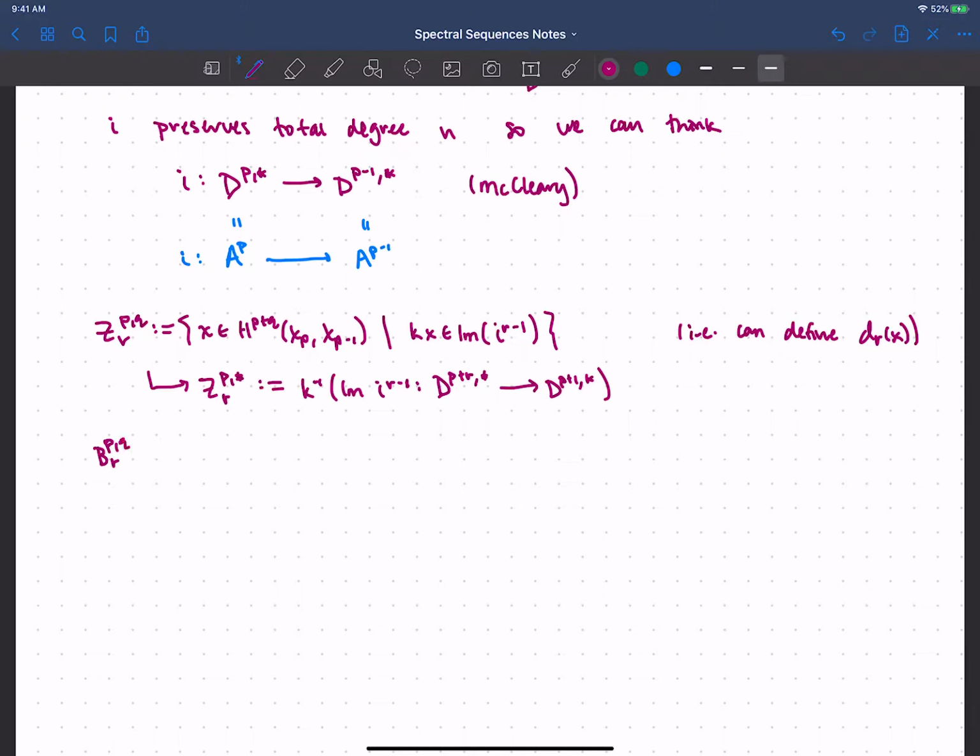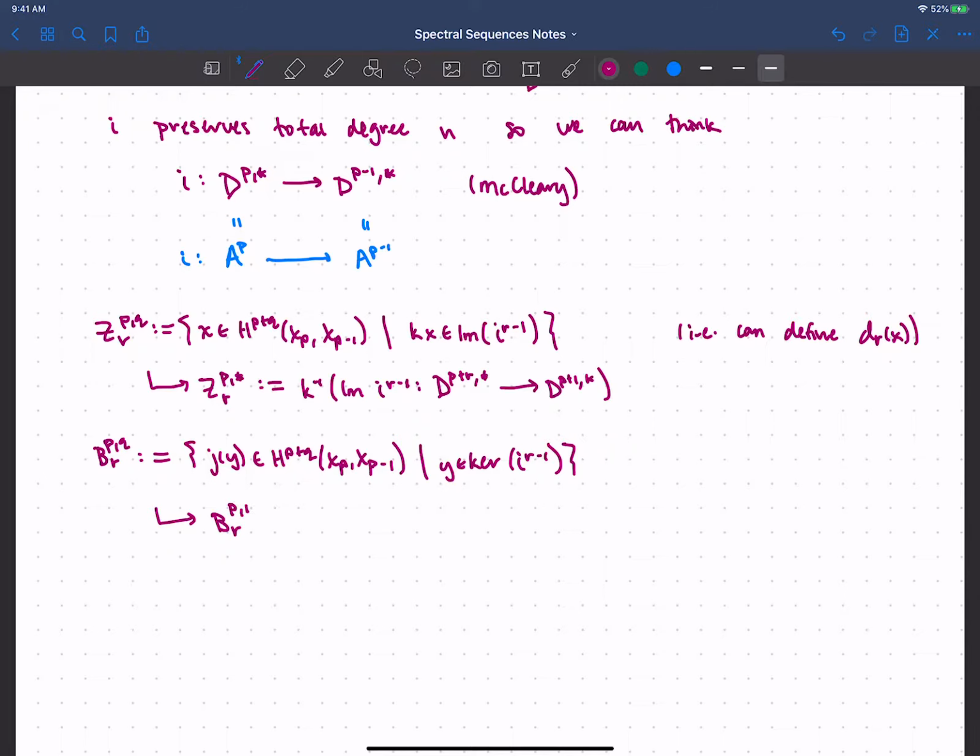Okay, great. Let's do the same thing with B_r. So we had B_r^{p,q} in our situation, we defined that as j of y landing in H^{p+q}(X_p, X_{p-1}), such that y was in the kernel of i^{r-1}. And all I'm really trying to say is every exact couple could be unraveled. Let's just get rid of the cohomology terms here, and so we'll define B_r.